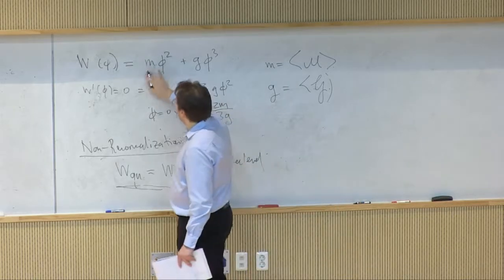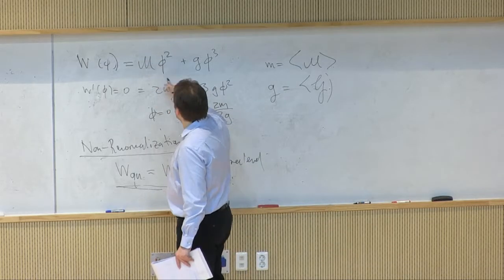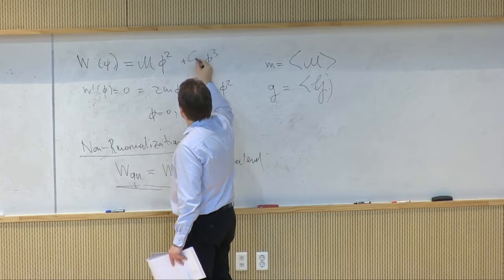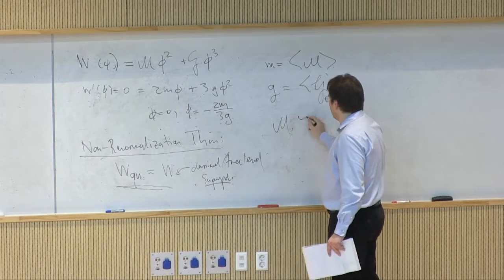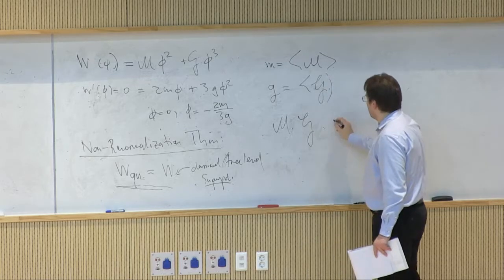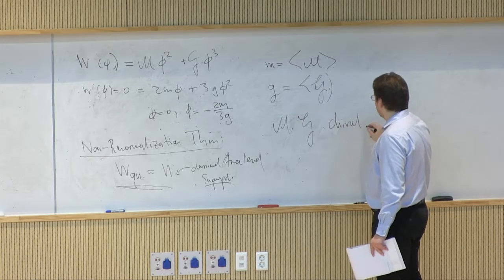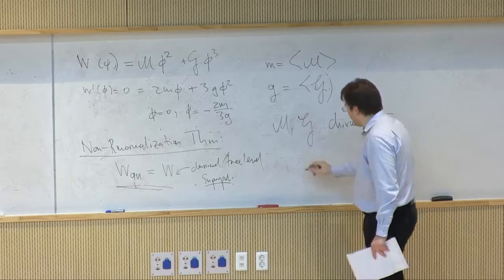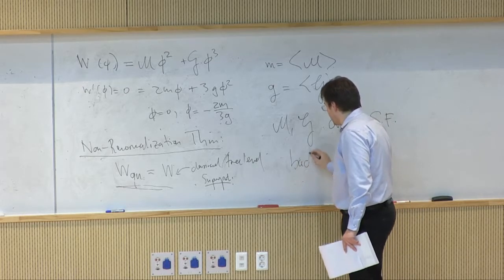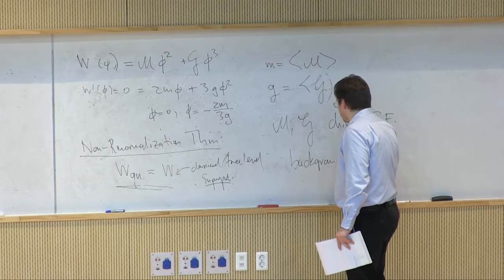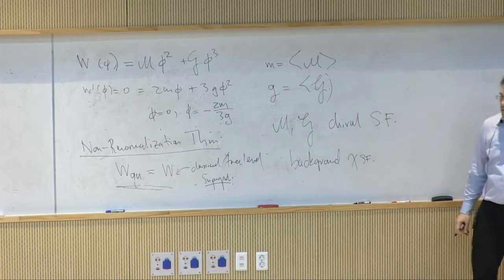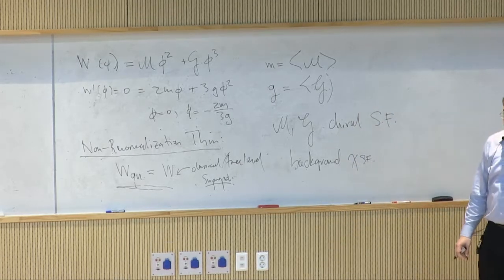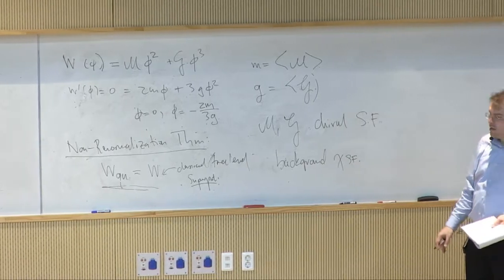So we can replace this M by script M and this G by script G, and both are themselves chiral superfields, and if you want to be very precise, you should think of them as background chiral superfields. So non-fluctuating, rigid objects that you just put into the theory as sources.